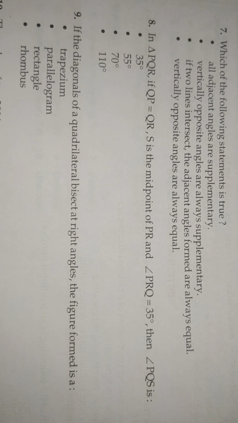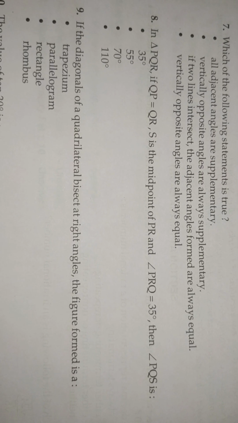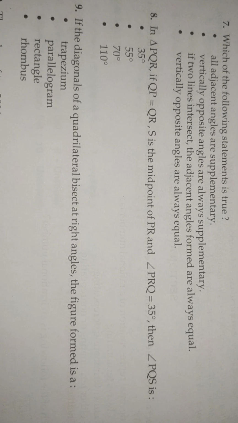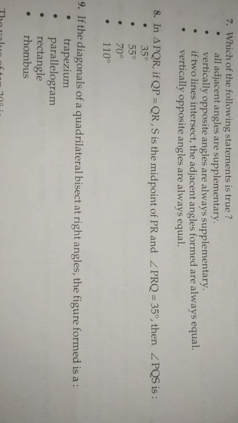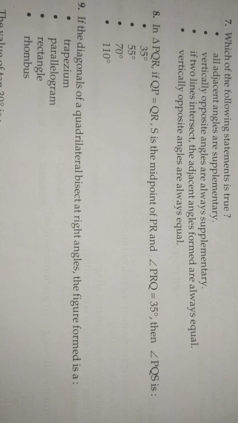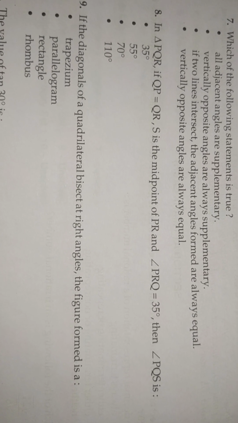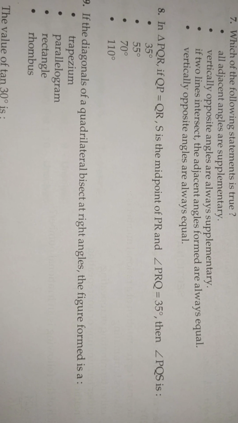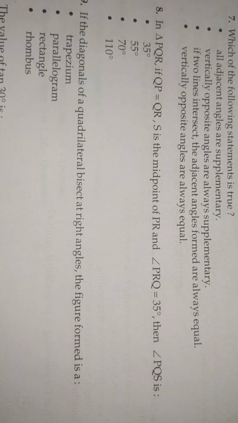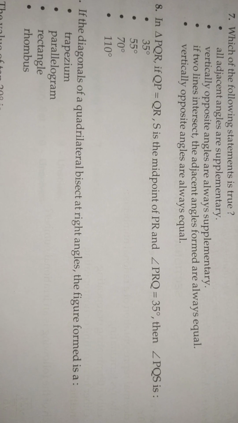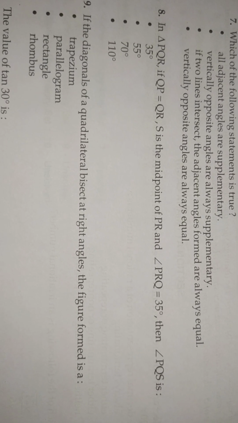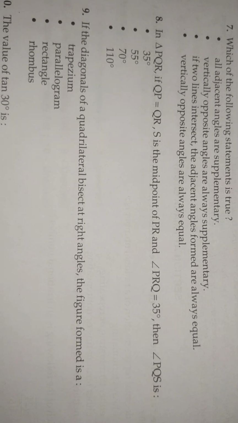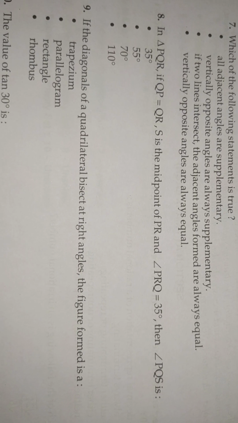Question number 8. In triangle PQR, if QP is equal to QR, S is the midpoint of PR, and angle PRQ is equal to 35, then angle PQS is dash. This we have to find. Okay, so which angle do we need to find? Angle PQS.